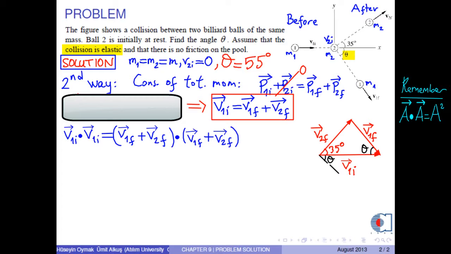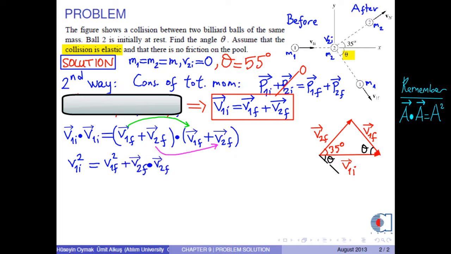we obtain v1i squared on the left hand side. On the right hand side, we use the distribution law of dot product, namely v1f dot v1f, which gives v1f squared, plus v2f dot v2f, which gives v2f squared, plus v1f dot v2f, plus v2f dot v1f.